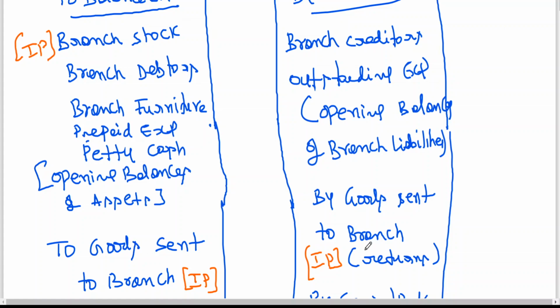C. For adjustment of load on goods returned.